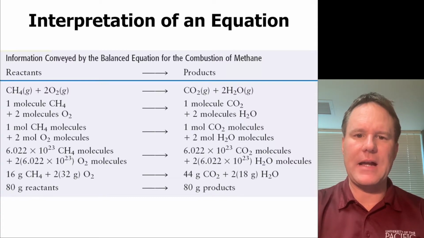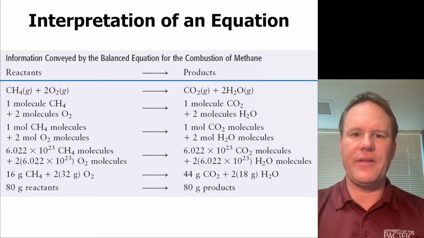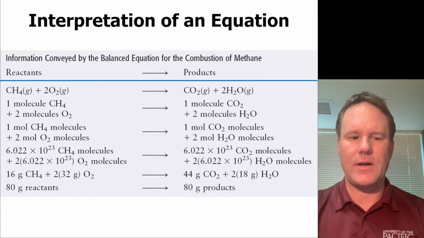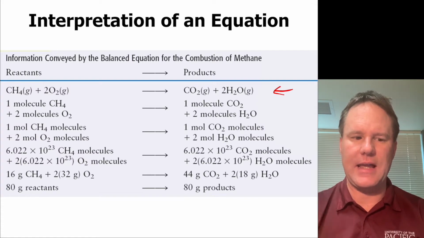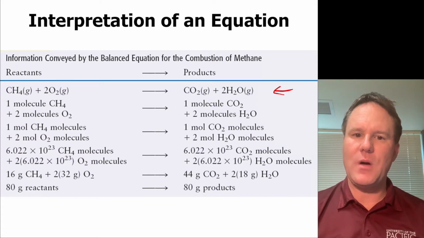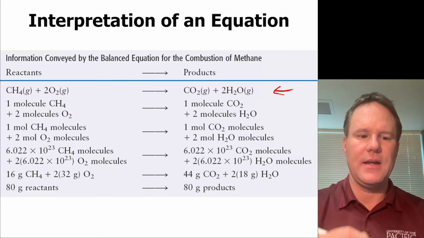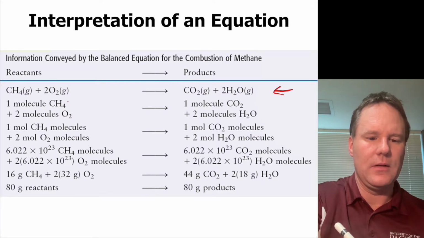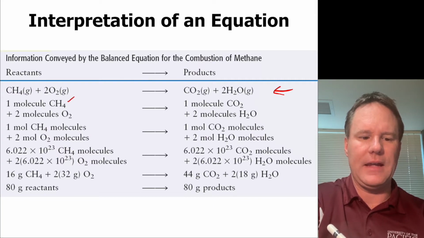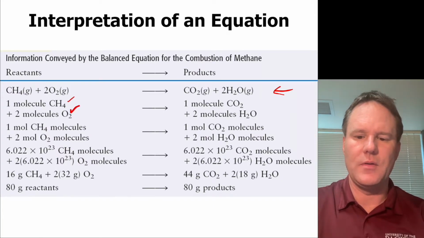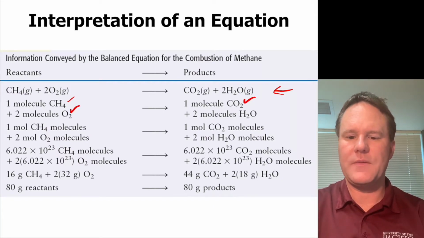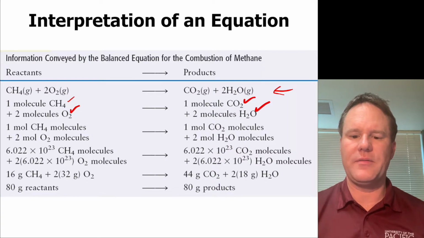So how do you interpret this? If I write an equation of a reaction, and it is balanced, then it conveys a lot of information. For this reaction, that is again methane reacting with two oxygens forming one CO2 and two waters, it means that one molecule of methane and two molecules of O2 react to form one molecule of CO2 and two molecules of water.